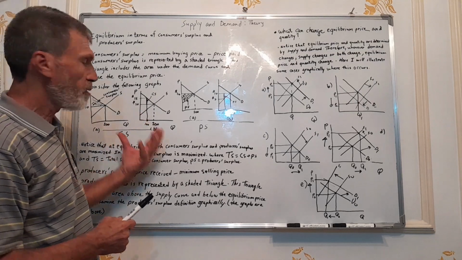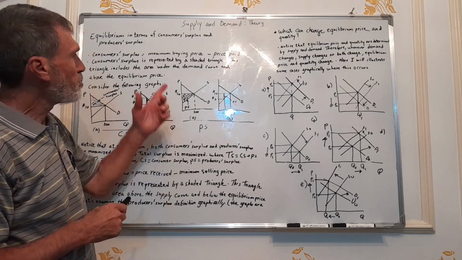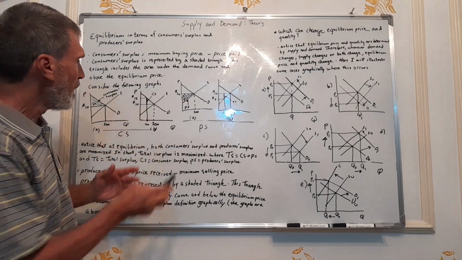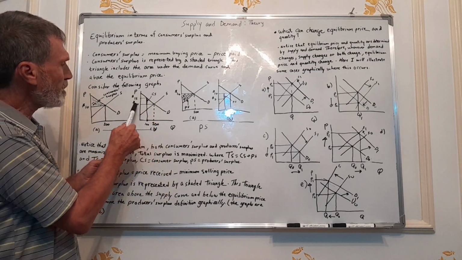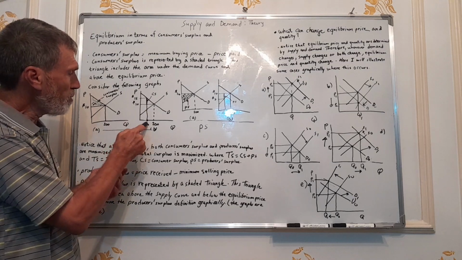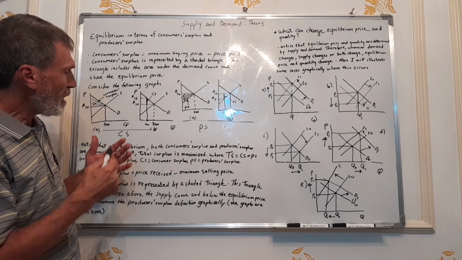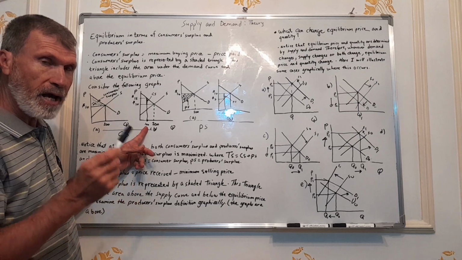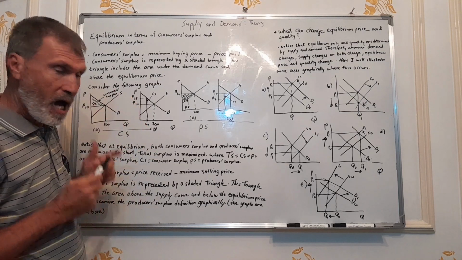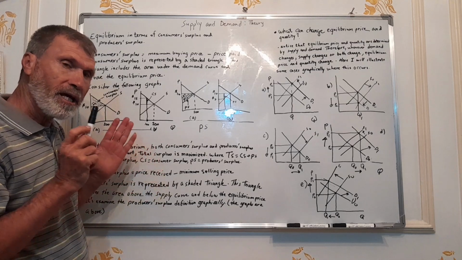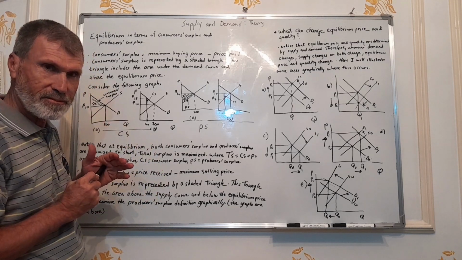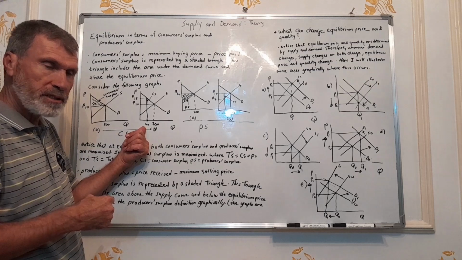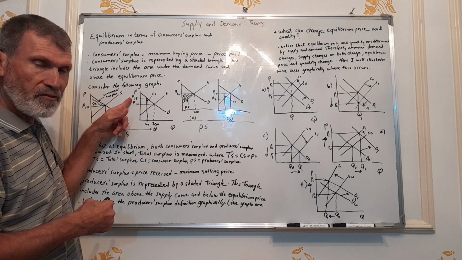Now we can represent the consumer surplus according to this definition: maximum buying price minus price paid. Graphically, as you can see over here, the equilibrium price is $10. The consumer was willing to pay for the 100th unit of the good as high as $15.